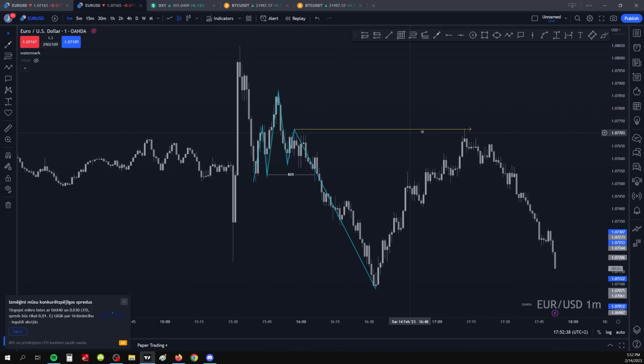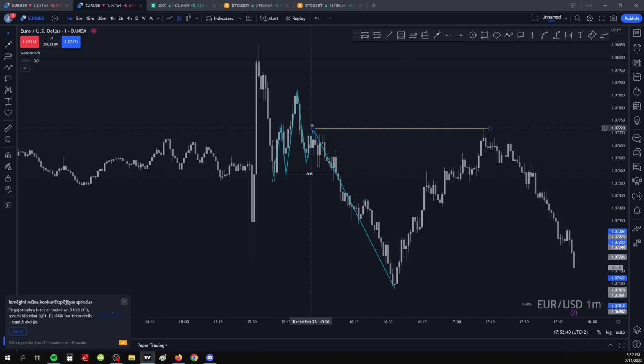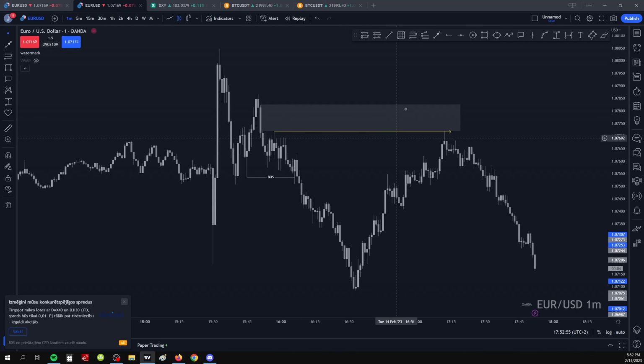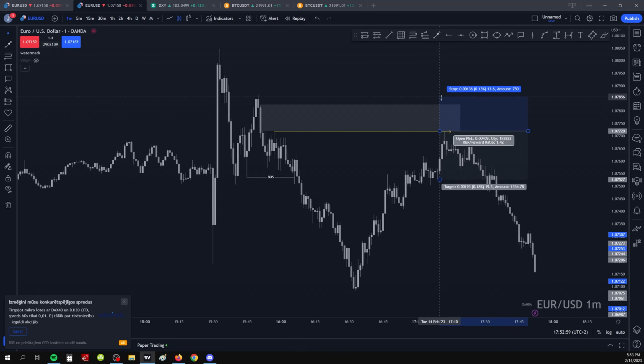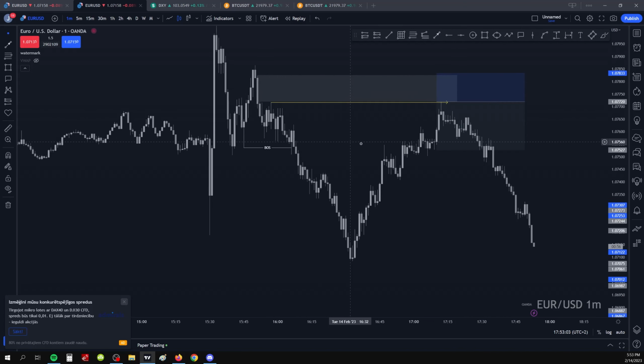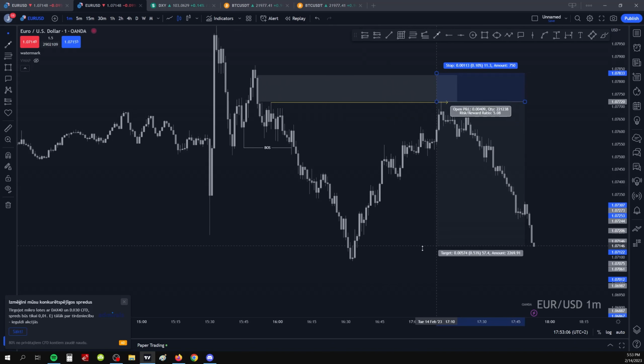And usually this will be very valid in these instances where there is an imbalance candle above. In these instances, you can actually take the trade from here and put your stop above this imbalance candle and target the low.